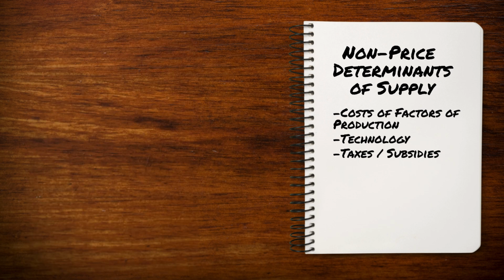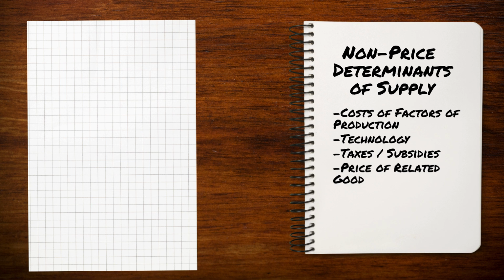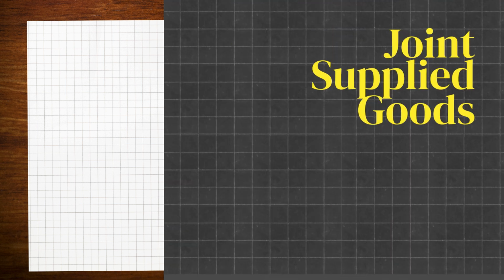Prices of related goods, in the cases of joint and competitive supply. The price of related goods is also considered a non-price determinant, since it deals with the price of other goods and not the price of the good itself. But just as we saw with demand, the price of related goods has a wider effect across more than just the one product.